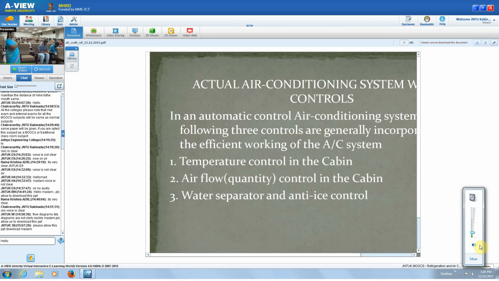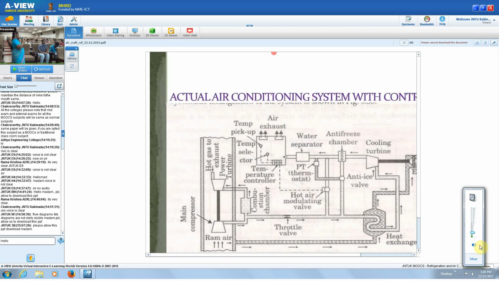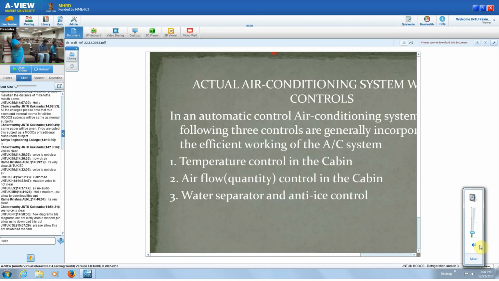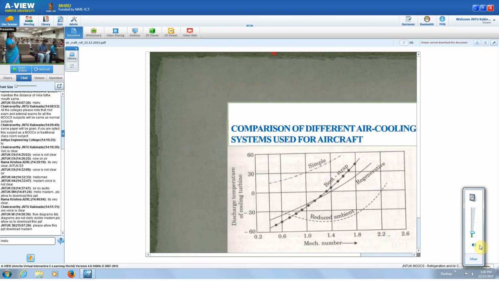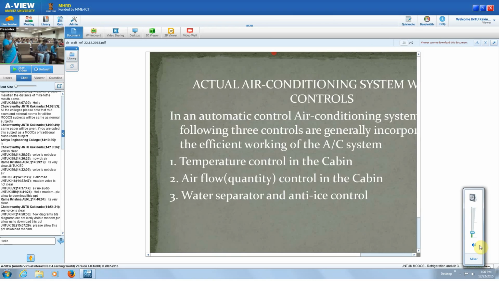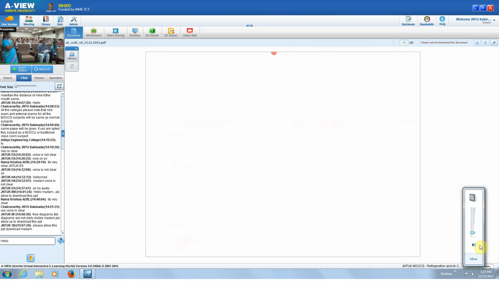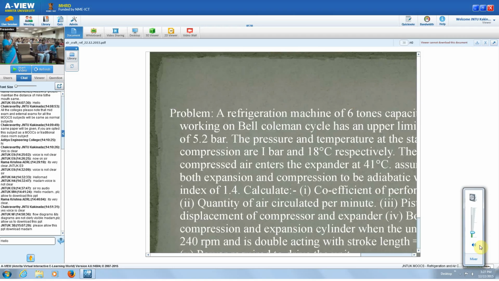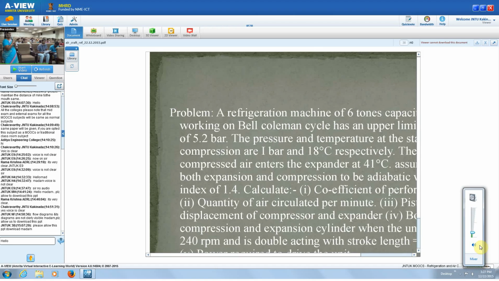These are very simple problems. Only the inlet conditions, temperature and pressure, are known. If some other temperature is given, using the relations you have to find all the temperatures. Then only you can solve for COP, or find the work input, what is the mass of the air required, and all those.